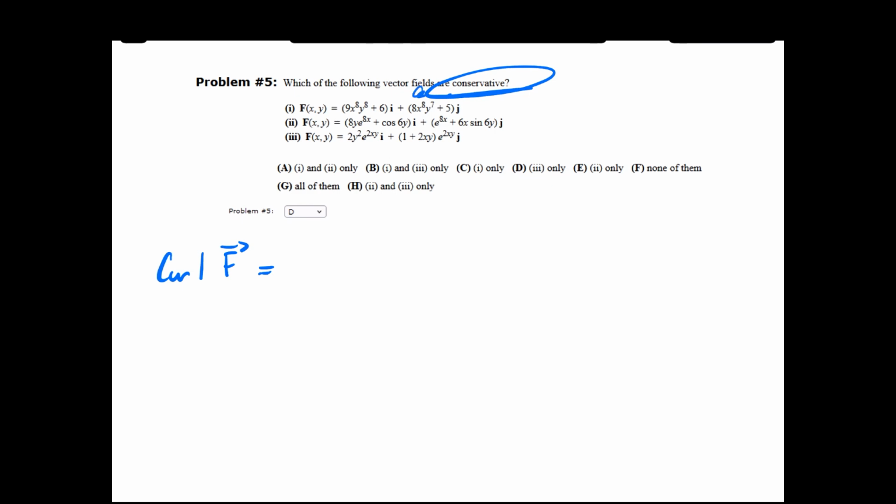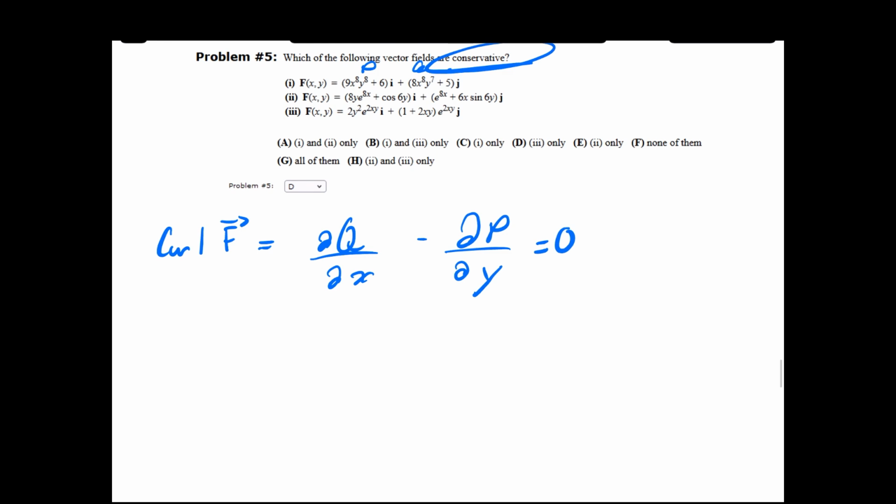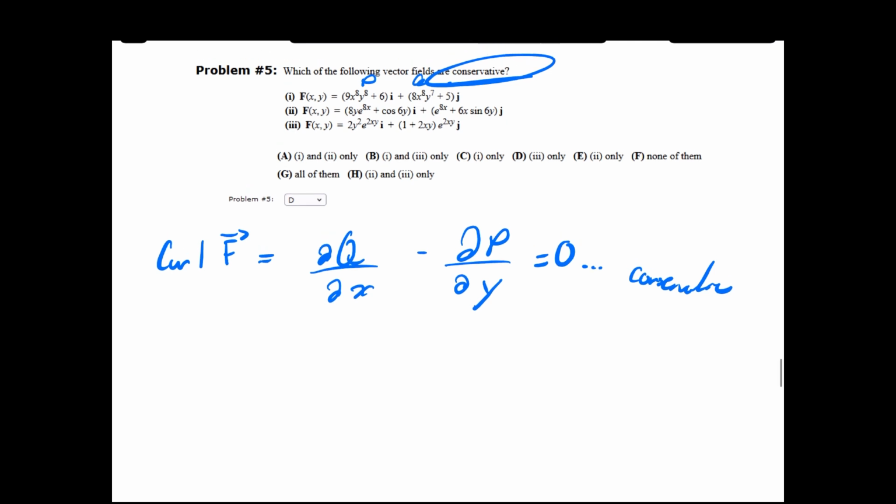We have Q and P. And we basically want the partial derivative of Q with respect to x minus the partial derivative of P with respect to y. And we want this to equal 0. Okay, so if this equals 0, then we have a conservative force. Or sorry, not conservative force, conservative function.